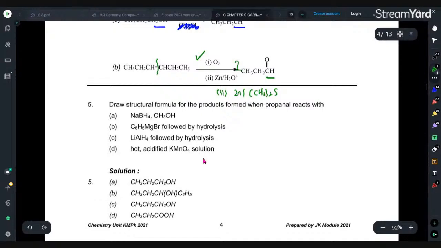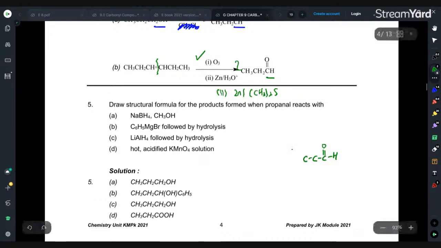How about question 5? Question 5 is also a simple question, just in the form of sentences. Okay, no problem. Propanal, C double bond O H, first reacts with sodium borohydride. Actually, this is a reducing agent.